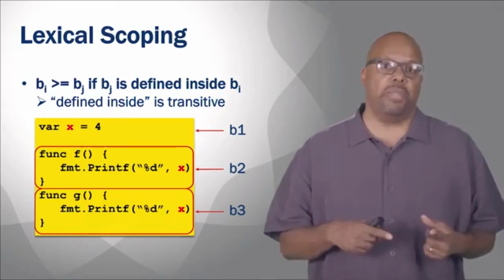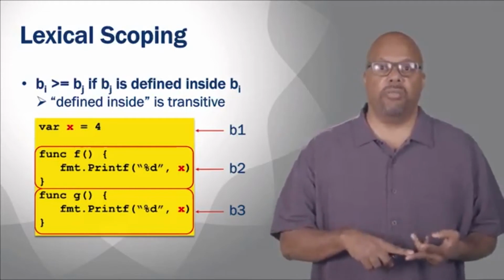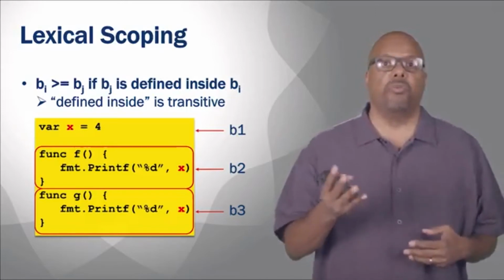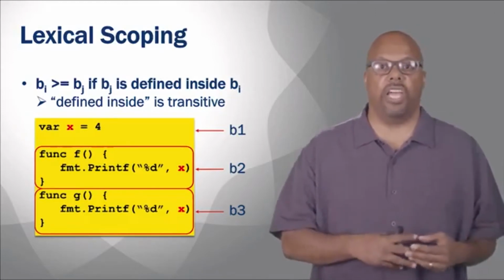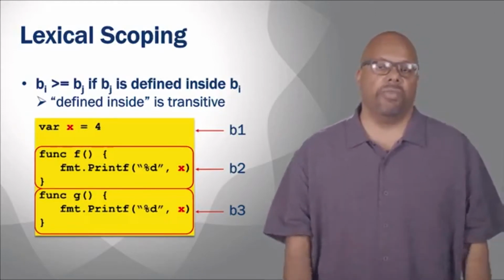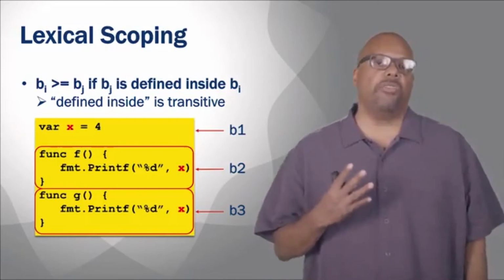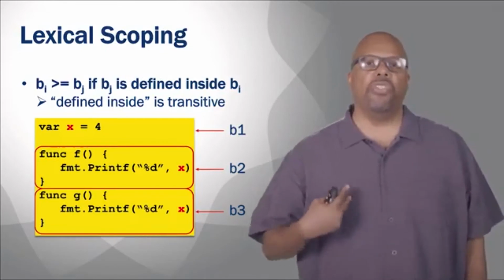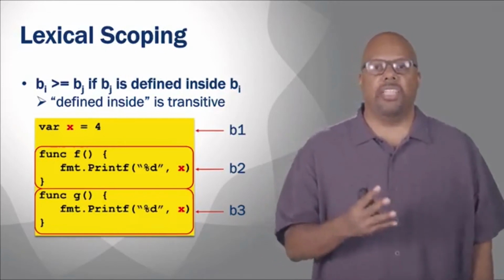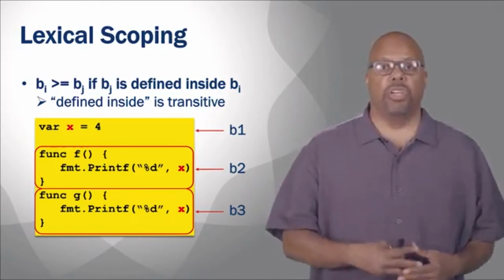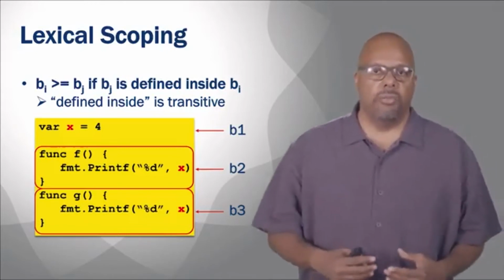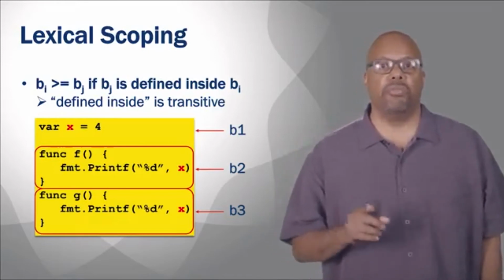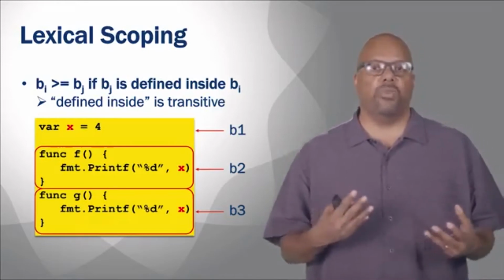But in addition to the file block, I'm defining two functions, f and g, and each of these functions gets its own function block. B2 is the function block for f, and B3 is the function block for g. Looking at how these blocks are related, B2 and B3 are both defined inside B1. So B1 is greater than B2, and B1 is greater than B3 by my definition, because B2 and B3 are defined inside B1. But notice there's no relationship between B2 and B3, because they're not defined within each other.